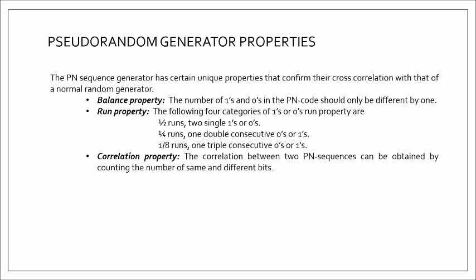Property 3, the correlation property: the correlation between two PN sequences can be obtained by counting the number of same and different bits. These properties are very important while creating a goal code.